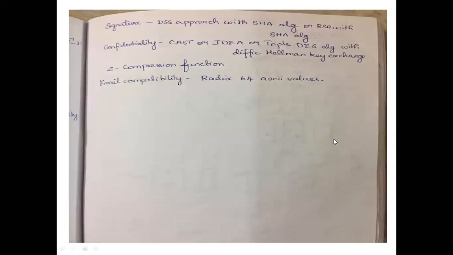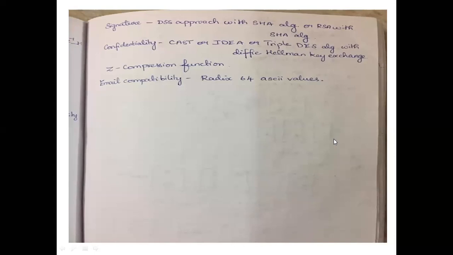So here, what we are using in this email security is a signature. That signature uses either the DSS approach with the SHA algorithm, or the RSA approach with the SHA algorithm. We already studied the digital signature standard, which uses either the RSA approach or the DSS approach.